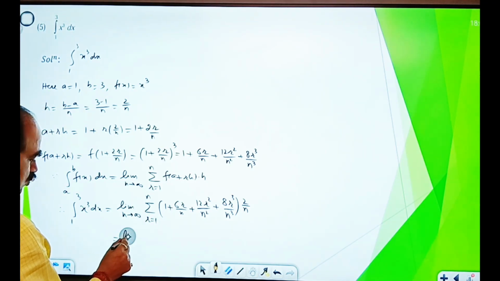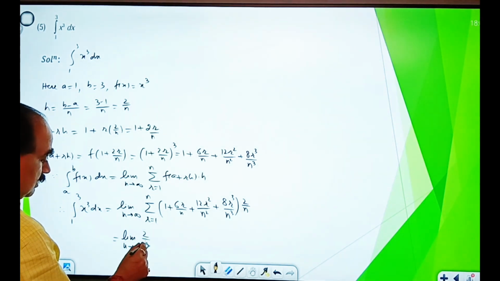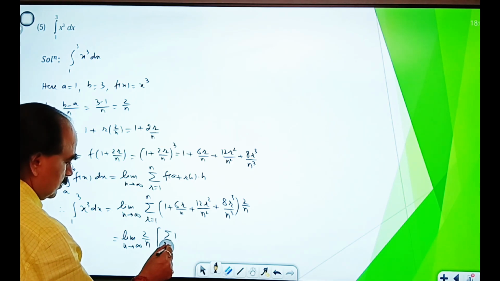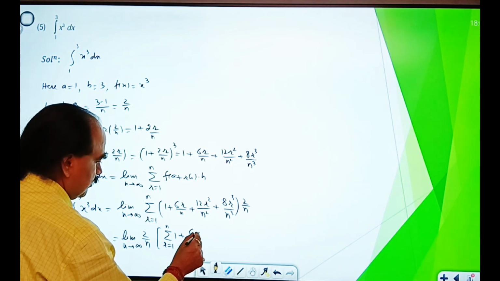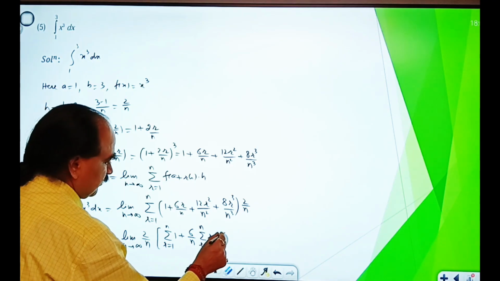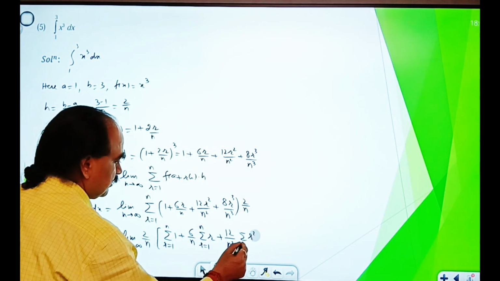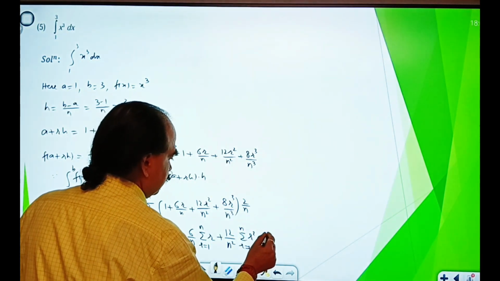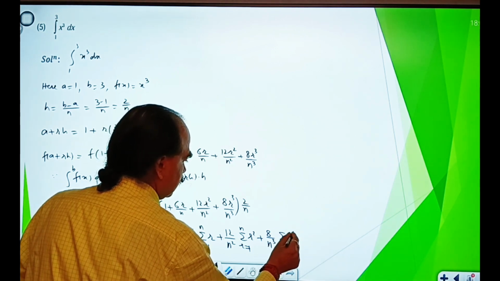Now we'll take 2 by n out, but within limit sign, I'll separate this sigma. Sigma 1 plus 6 by n sigma r plus 12 by n square sigma r square plus 8 by n cube sigma r cube.